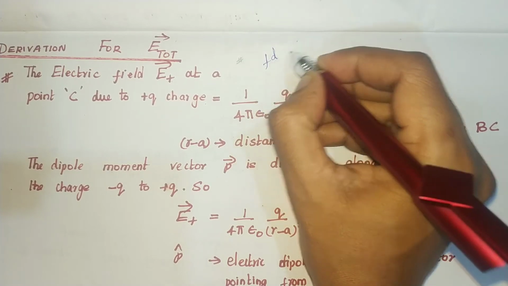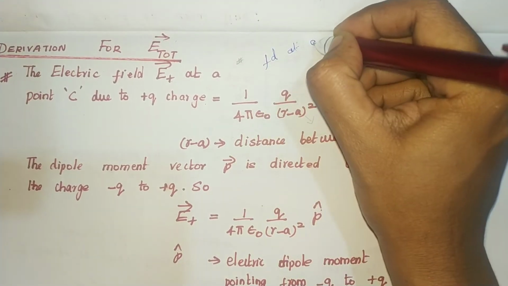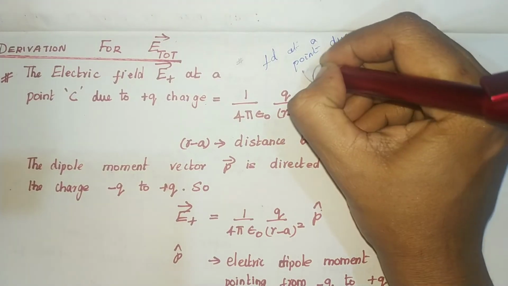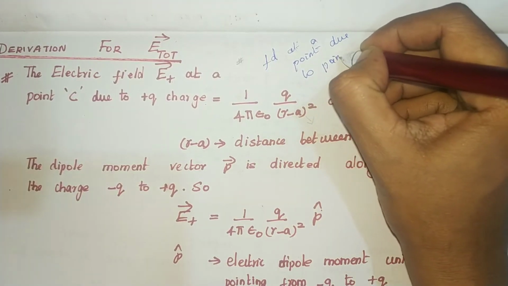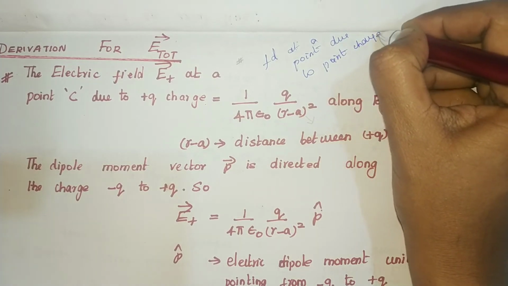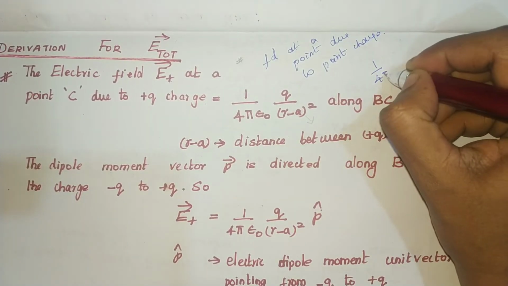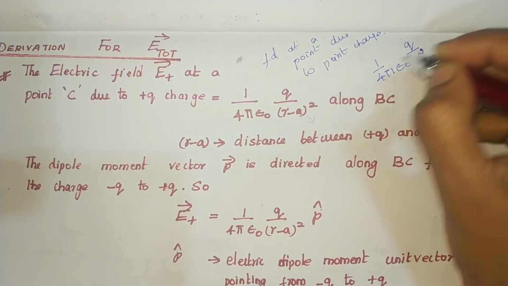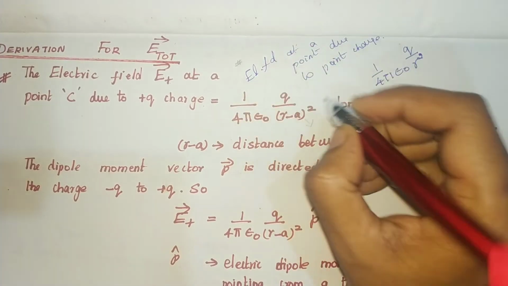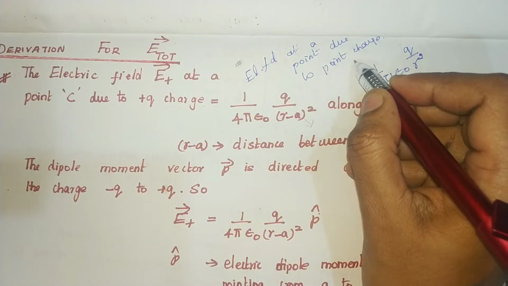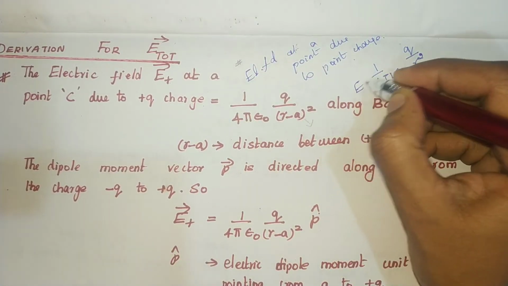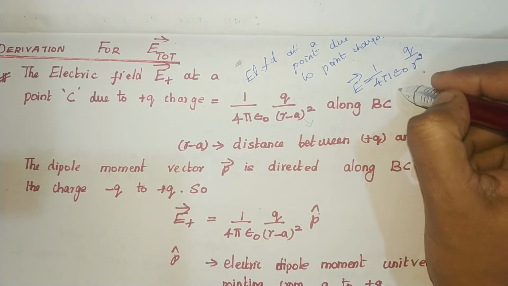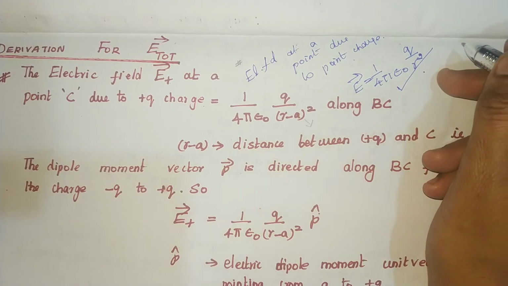Field at a point due to point charge னா என்ன போடுவோம்? 1 by 4 pi epsilon naught q by r square. Electric field at a point due to point charge E vector is equal to 1 by 4 pi epsilon naught q by r square. இது நமக்கு தெரிஞ்ச ஒரு familiar expression.